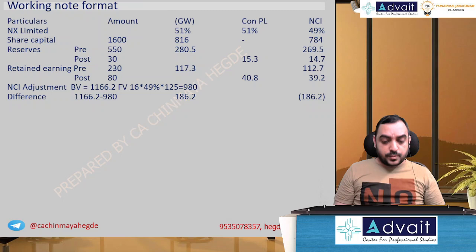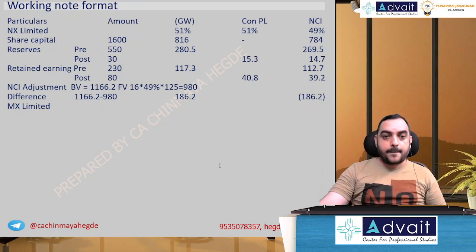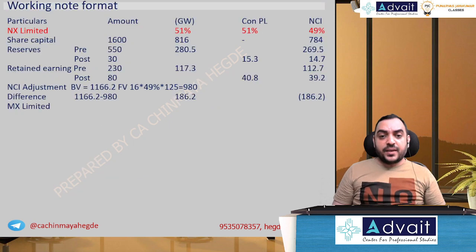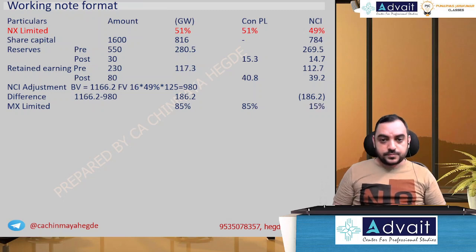The next is subsidiary company MX Limited. The percentage is 85 by the holding company. So 85%, and then 15%. We'll start with share capital.